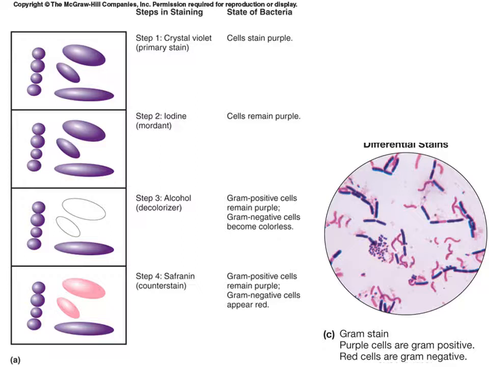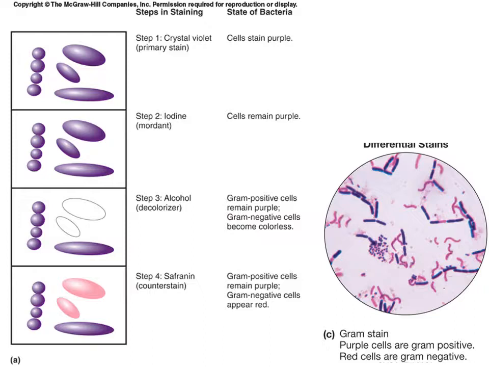The bacterial preparation is next decolorized in step 3 by washing with ethanol or acetone. This step generates the differential aspect of the gram stain. That is, gram-positive bacteria will retain the crystal violet, whereas gram-negative bacteria lose their crystal violet and become colourless.